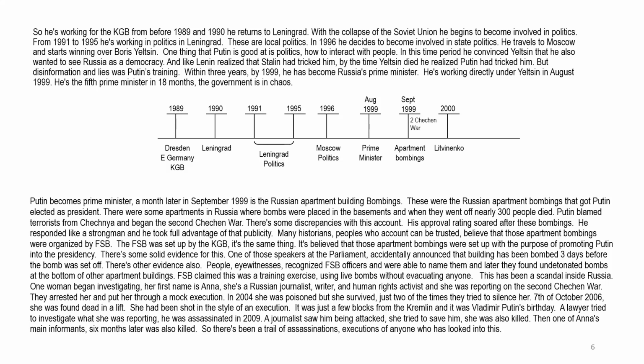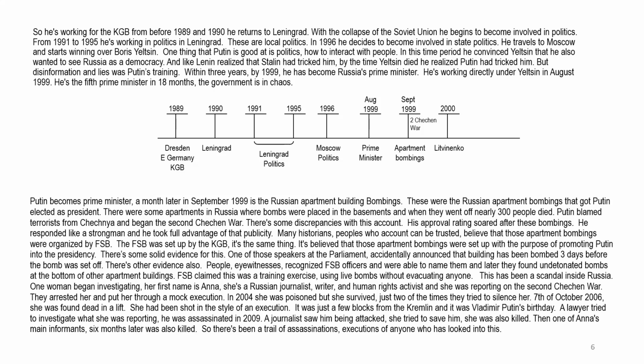One woman began investigating. Her name is Anna. She's a Russian journalist, a writer, and human rights activist, and she was reporting on the Second Chechen War. They arrested her and put her through a mock execution.